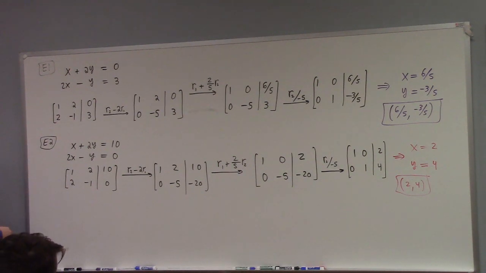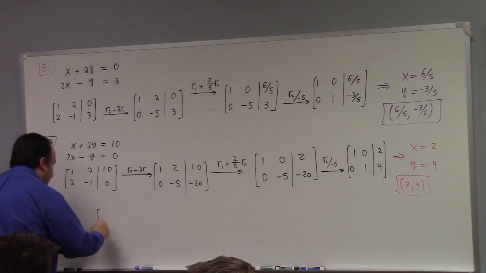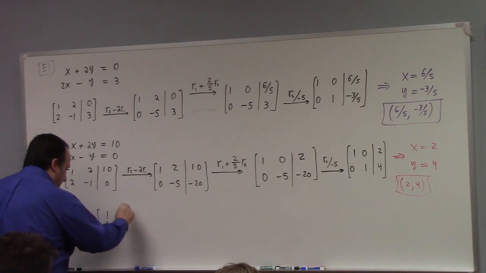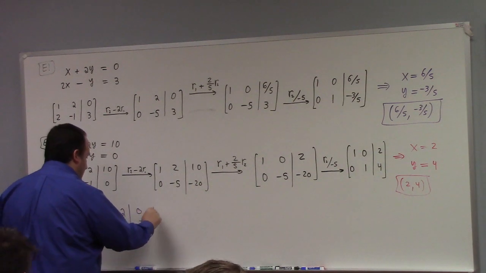Now, you could instead have done both of these examples at once. In fact, you could say that [1, 2, 2, -1] concatenated with [0, 3, 10, 0].